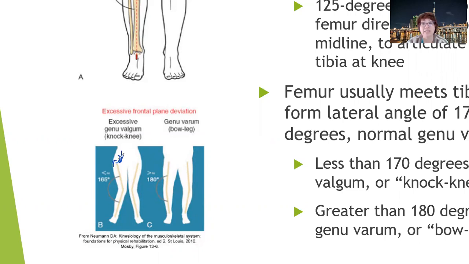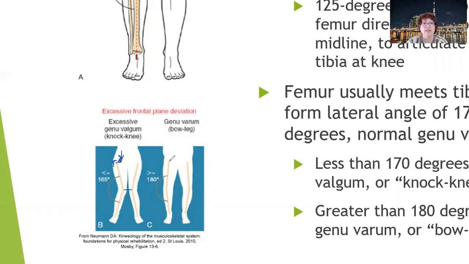The head of the femur will be down a little bit, and the proximal end of the femur will have to move laterally in order to articulate with the acetabulum, and that makes the distal end of the femur move medially, and you end up with this excessive genu valgum, where the knees are closer together.